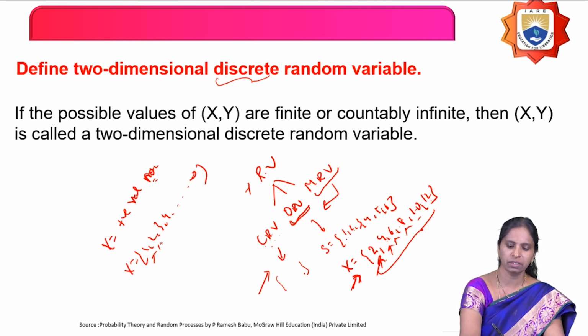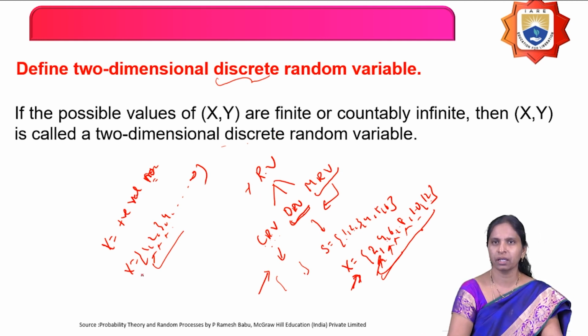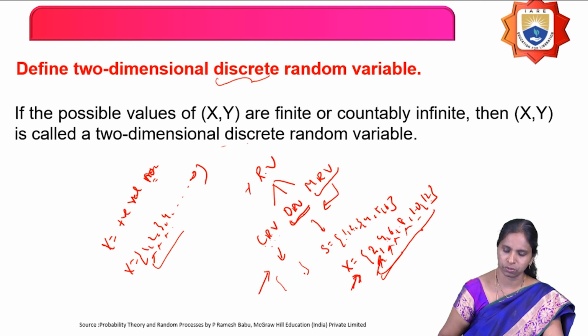So these values are discrete in nature, and they are countably infinite. So what is a two-dimensional discrete random variable? If all the possible values of X and Y are either finite or countably infinite, then X and Y are called a two-dimensional discrete random variable. Here we have seen the example for a single random variable; the same thing can go for two random variables also.